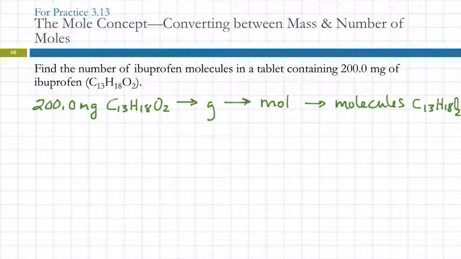Now I look at my path. There's three arrows, so I'm going to have 3 fractions. So, 200.0 milligrams. It's probably best to write the chemical formula. But when I look at this, I'm starting with ibuprofen and ending with ibuprofen. The compound isn't changing, so it's okay to leave it off.